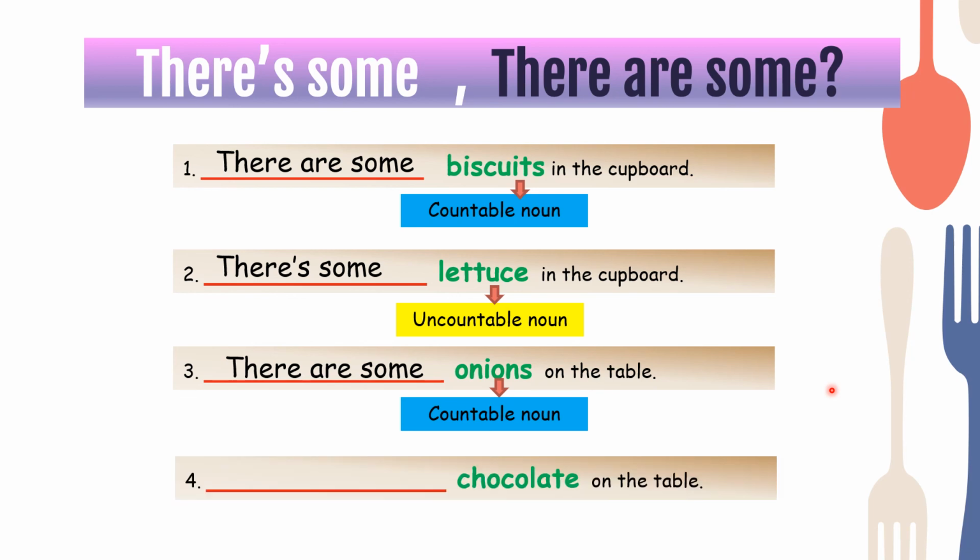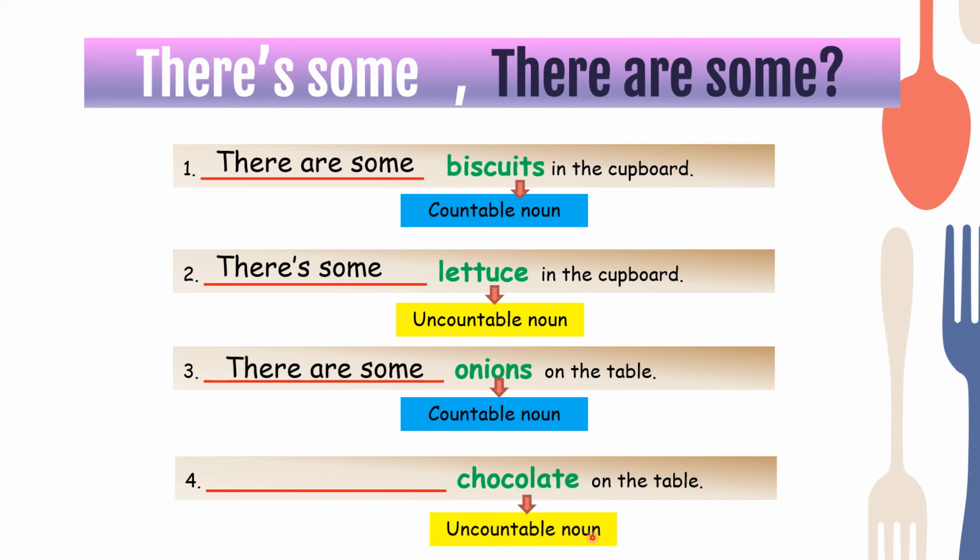Let's have a look at it. Question number 4 goes, blank chocolate on the table. Now have a look at the word chocolate. What kind of noun do you think this is? Is it countable or uncountable noun? The answer is, it is uncountable noun.